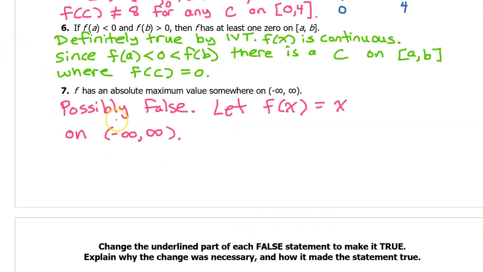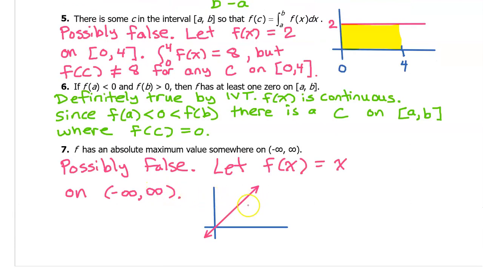So number 7 is possibly false. For a counterexample, let f of x equal x on the interval from negative infinity to positive infinity. This function clearly has no absolute maximum because it just keeps going up and up forever.